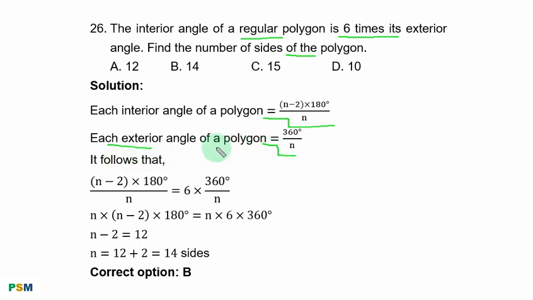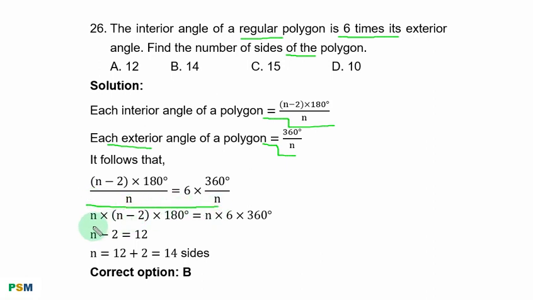From the question, each interior angle is equal to 6 times each exterior angle. You have it in this form.